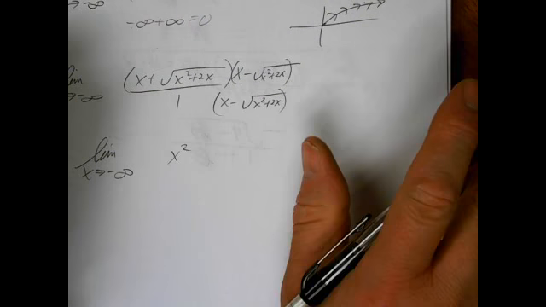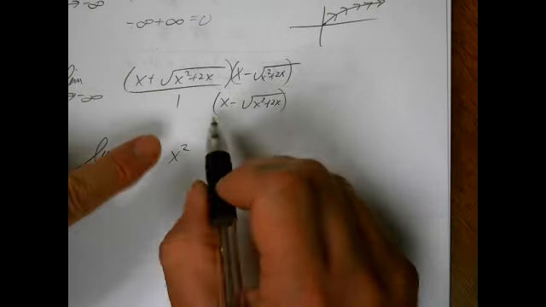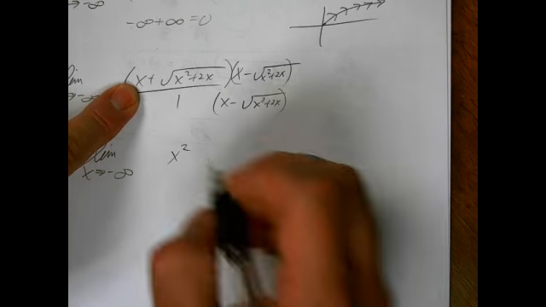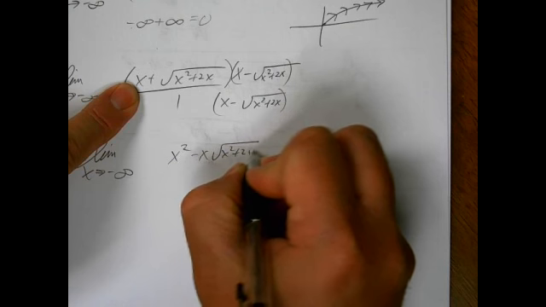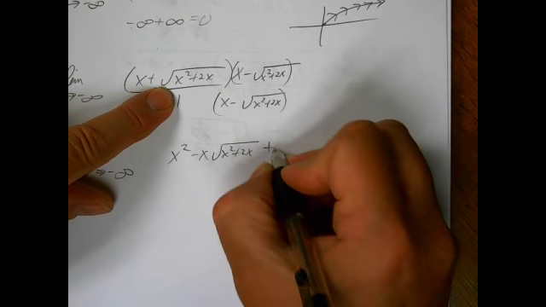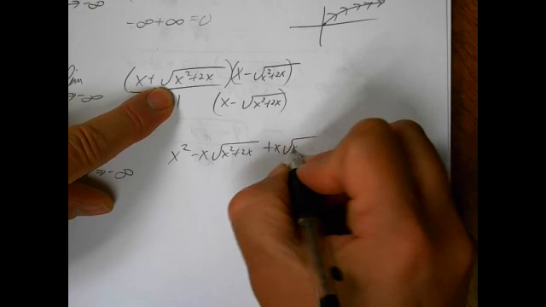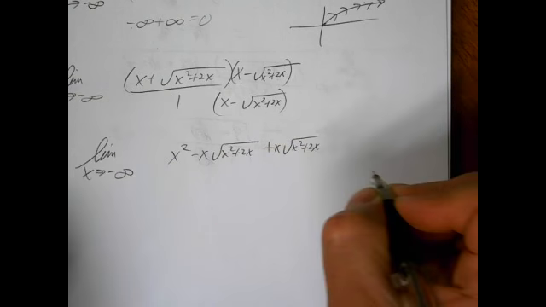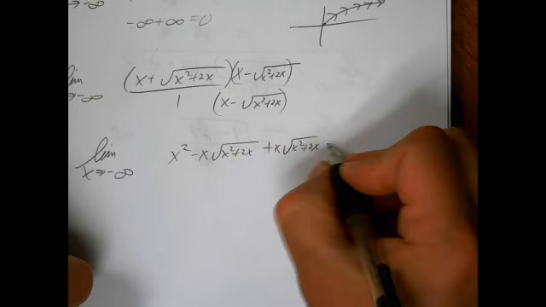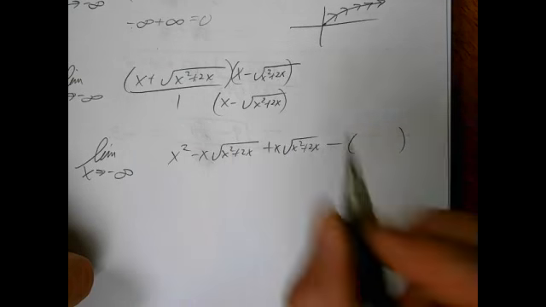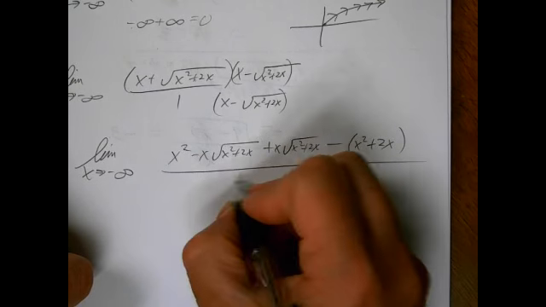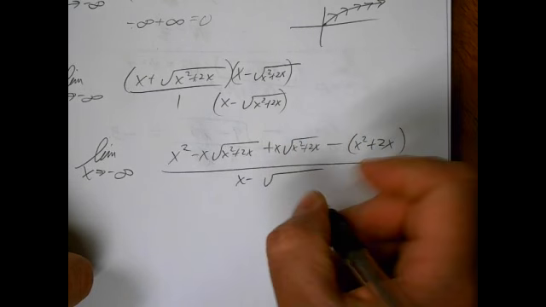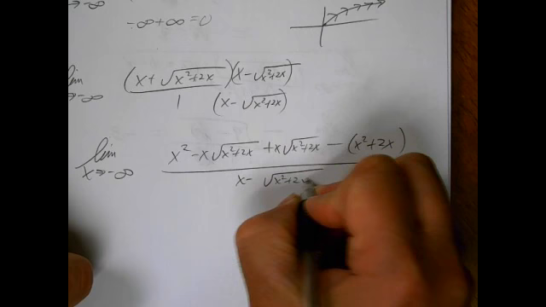And again, I'm foiling here if you hadn't noticed. First times first is x squared. The outer product is minus x times the square root of x squared plus 2x. The inner product is plus x times the square root of x squared plus 2x. Last times last will be a minus, and the square root times the square root will cancel. And on the bottom, I just have x minus the square root of x squared plus 2x.